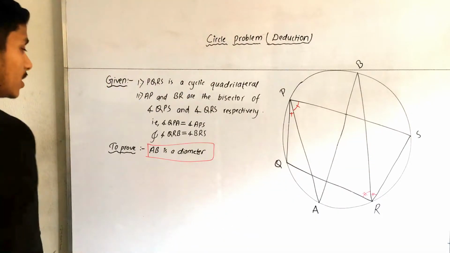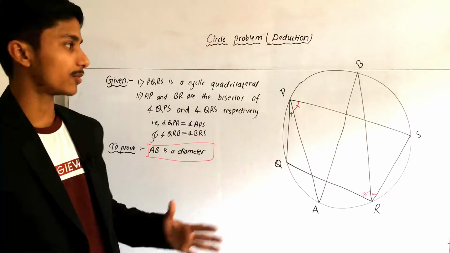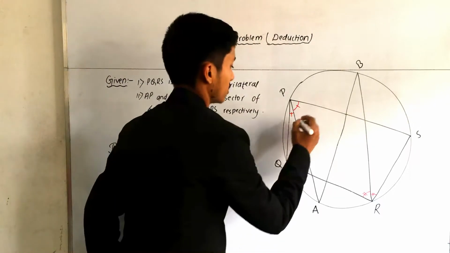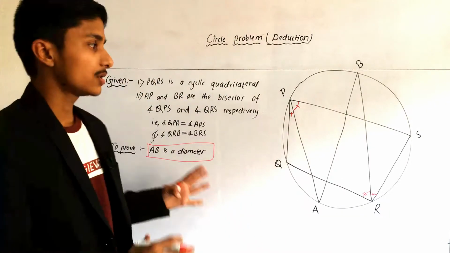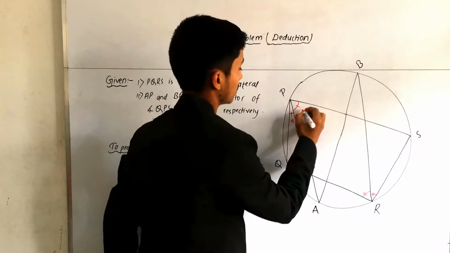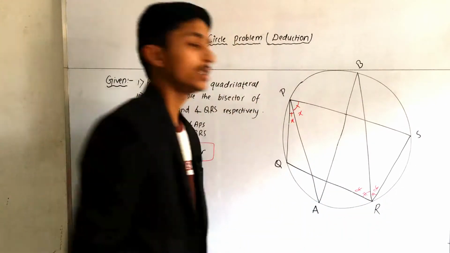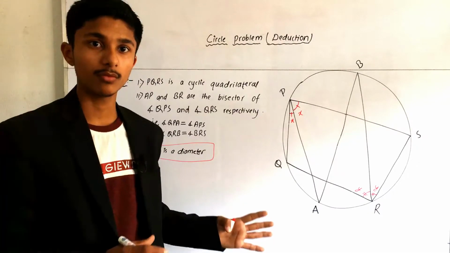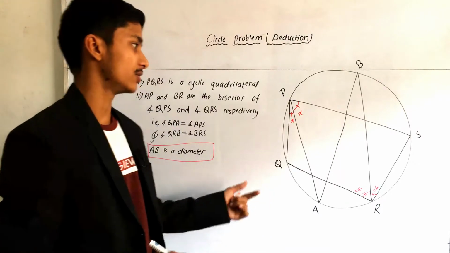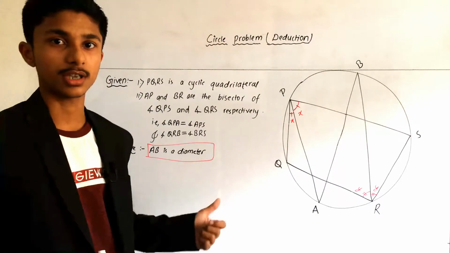And we have to prove the line AB is a diameter. We are going to solve this problem using the supposition method, so that your concept will be clear regarding this type of question.